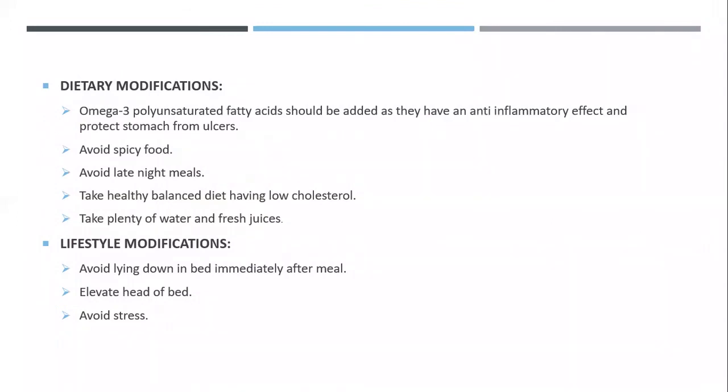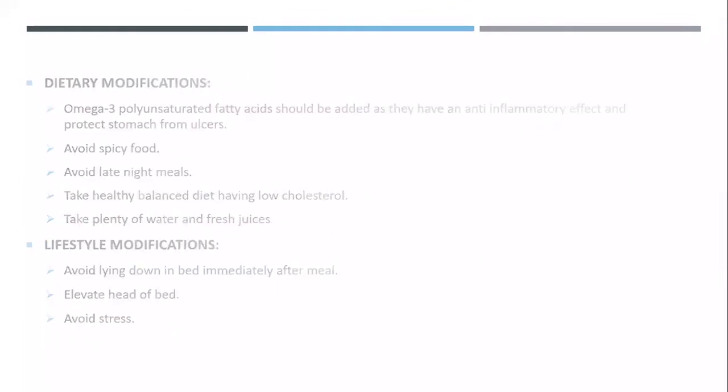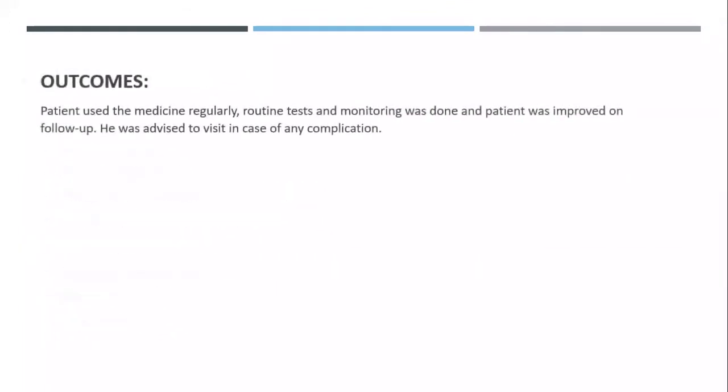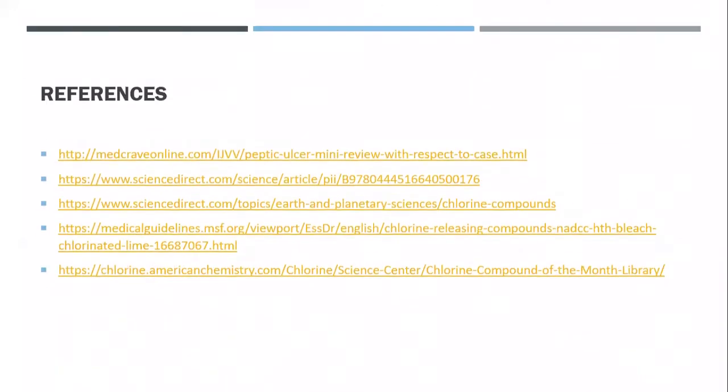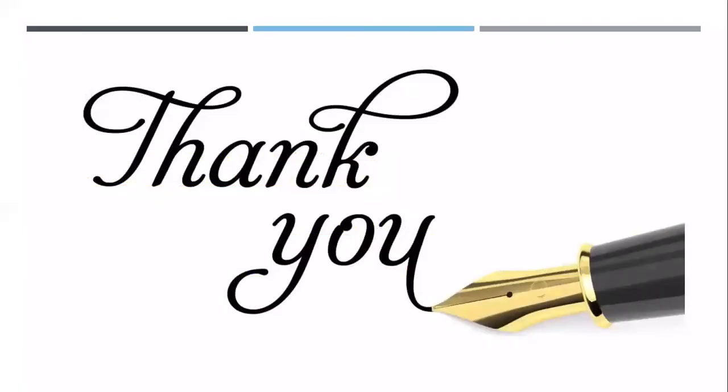Lifestyle modification includes avoiding lying down in bed immediately after meals, elevating the head of the bed, and avoiding stress. Outcome: the patient used the medicine regularly. Routine tests and monitoring were done and the patient improved on follow-up. He was advised to visit in case of any complication. These are the references and thank you.